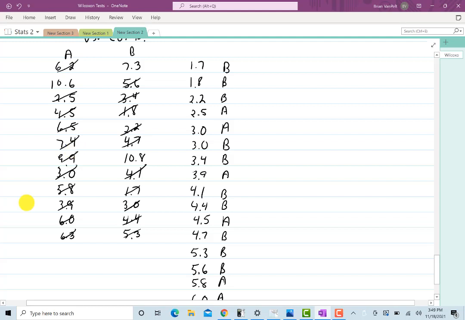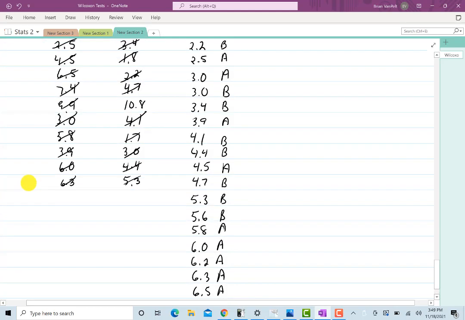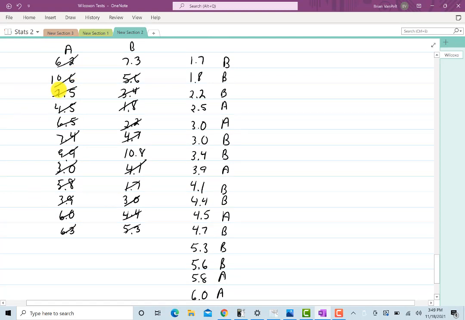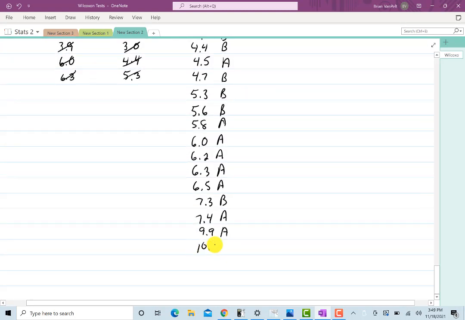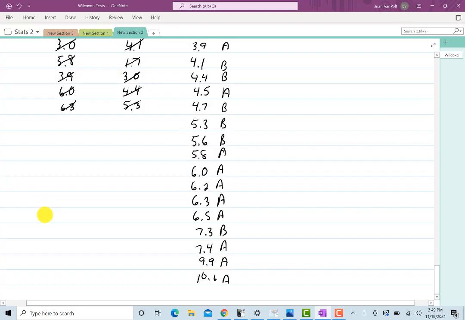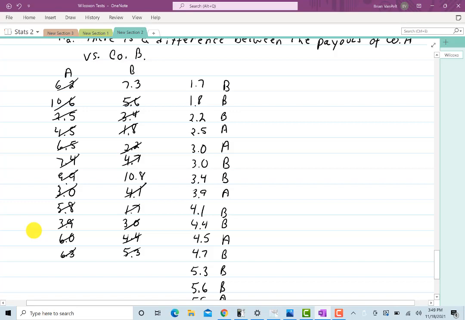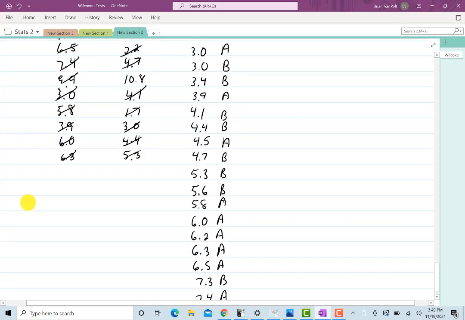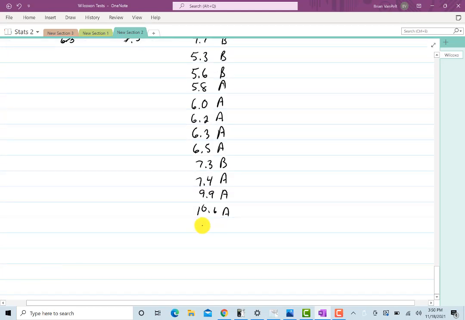There it is, company A. And then 10.6 was company A. And then I had one last one, which is 7.3. Let me see if I had checked that off. I had not marked it off, so let me mark it off. 10.8 came from company B.